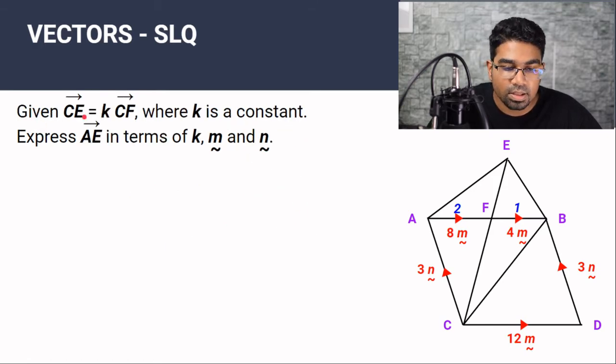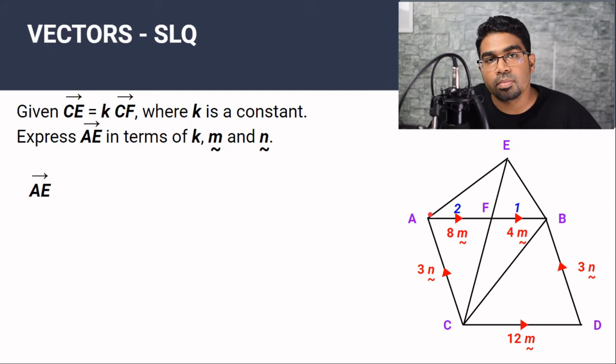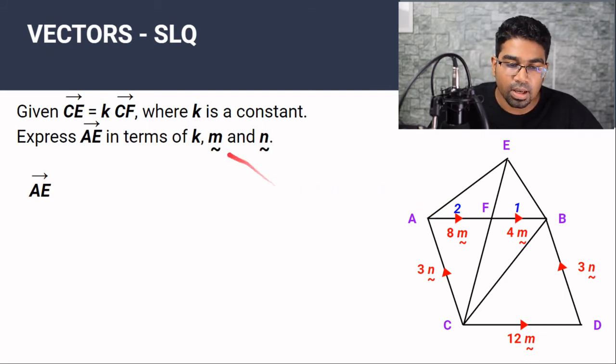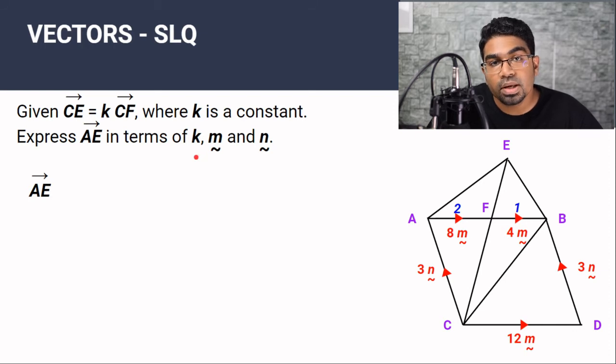Given that CE is equal to kCF, where k is a constant, express AE in terms of k, m and n. So we want to find AE in terms of k, m and n. Again, we need to perform vector addition here. But this time, there is an extra condition. We must include k. The only place where k is included is in this kCF, and therefore we must definitely use either CE or CF in our addition.